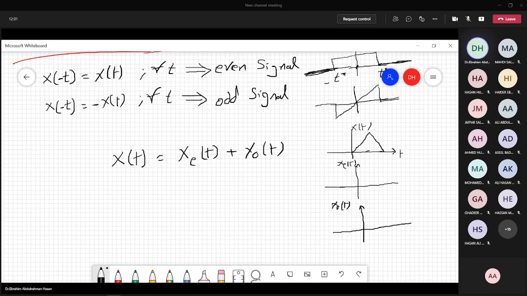If the signal is even, then the odd part equals 0. If it is odd, then the even part equals 0. But same as this one, we have an even part and an odd part. But how to find them? How can we decompose this one into two signals, one even and one odd?